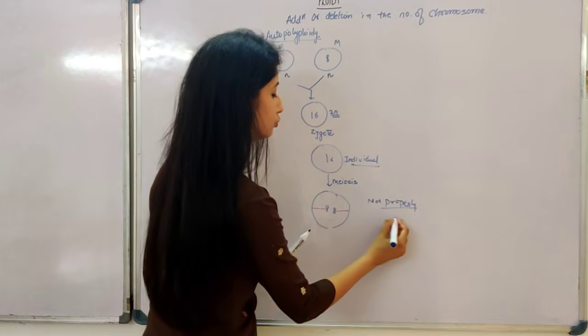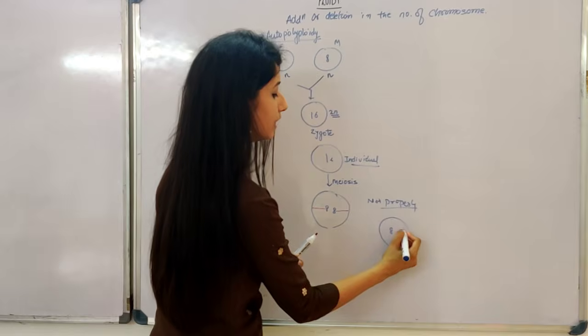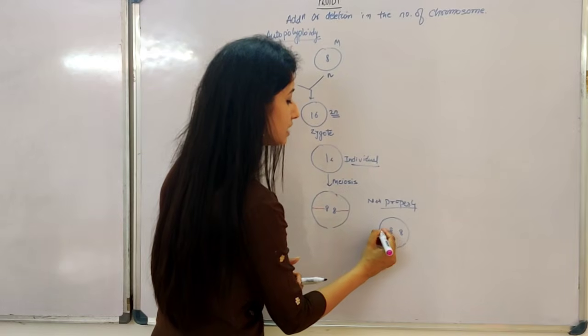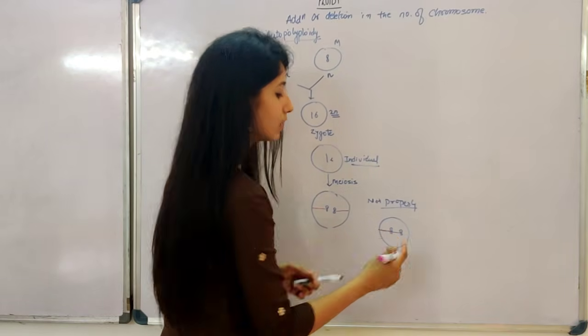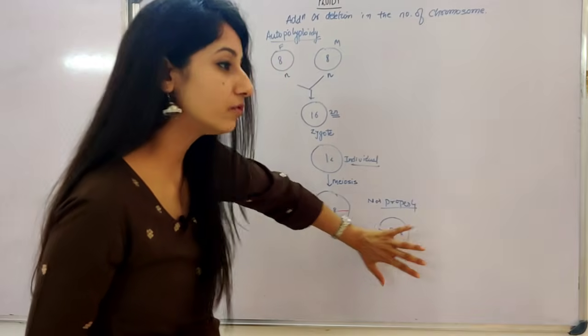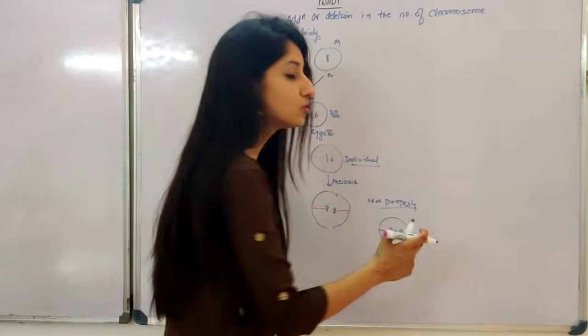So what happened due to this? Once again 8 chromosomes, and the spindle fiber which is arranged here will pull it, because here there is no spindle fiber.